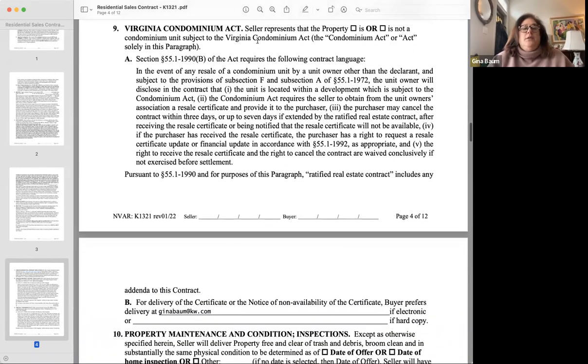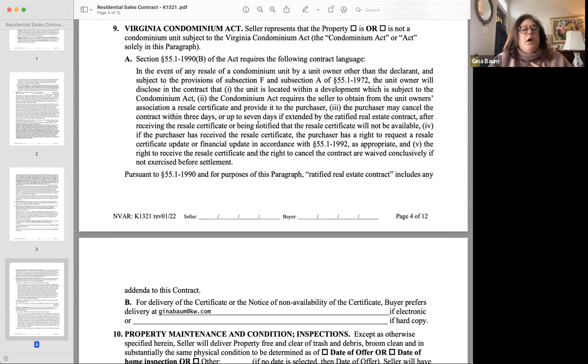Virginia Condominium Act, which is pretty much the same. The seller represents that the property is or is not a condominium unit subject to the Virginia Condominium Act. Section 55.1-1990 of the Act requires the following contract language in the event of any resale of a condominium unit by an owner other than the declarant and subject to the provisions of subsection F and subsection A. The unit owner will disclose in the contract that 1, the unit is located within a development which is subject to the Condominium Act, and 2, the Condominium Act requires the seller to obtain from the unit owners association a resale certificate and provide it to the purchaser.